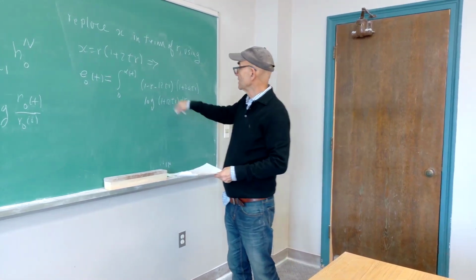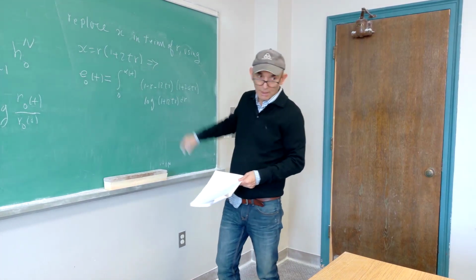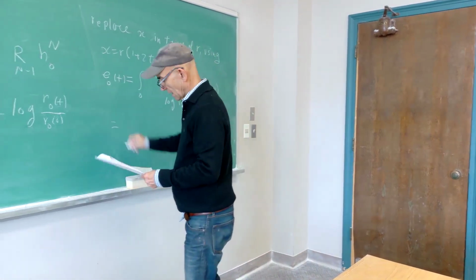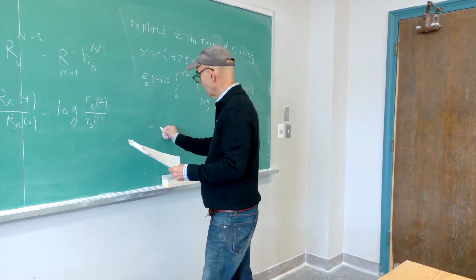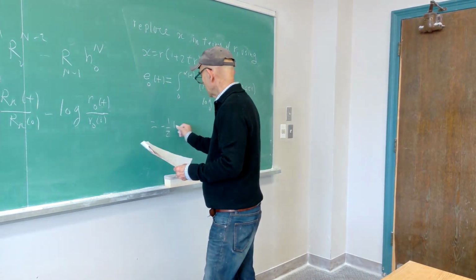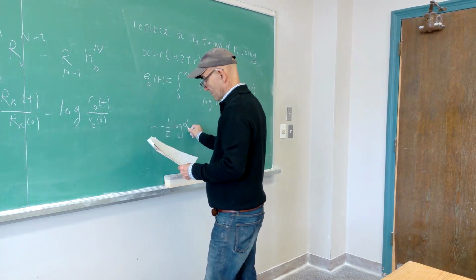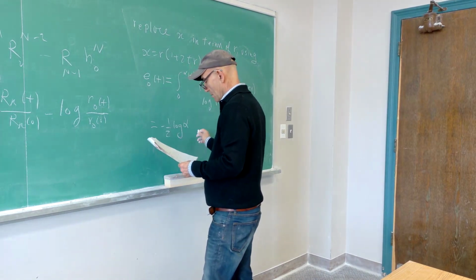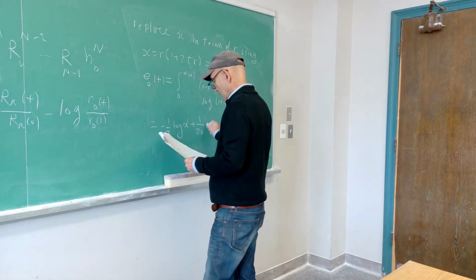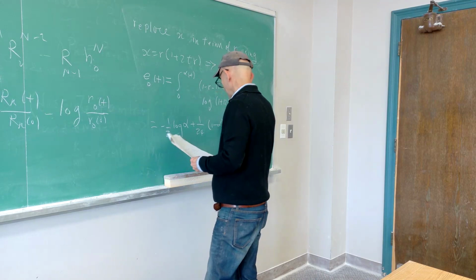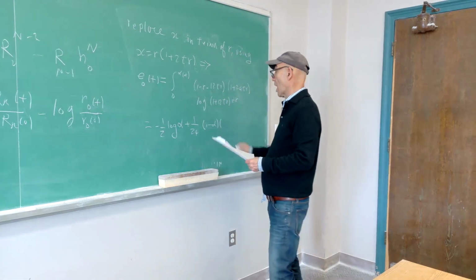I mean, you can compute this integral. This is a calculus problem, and it turns out to be equal to minus 1/2 log of total, plus 1/24 times 1 minus alpha times alpha minus 9.